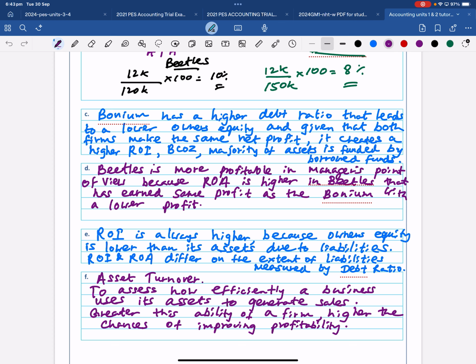Return on assets, we assess the profitability based on the total assets. For ROI, the owner is really interested in what he is getting as a return, but the manager should be able to take care of both the owner and the lenders.